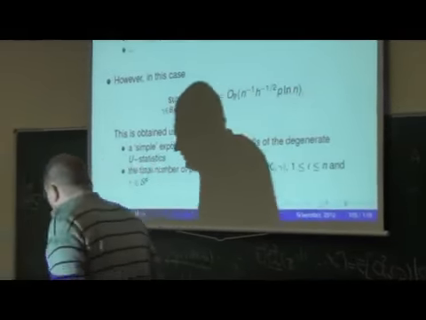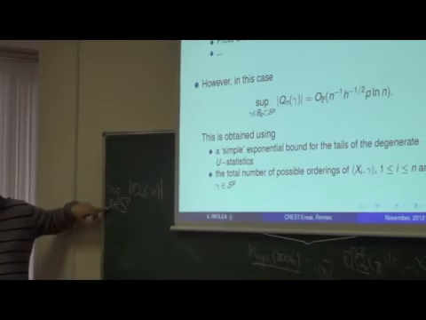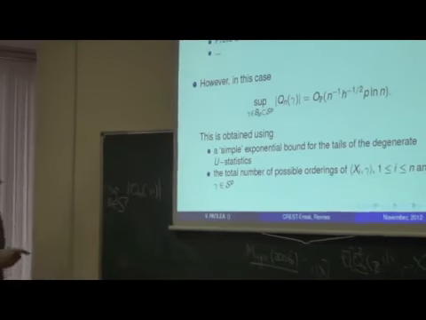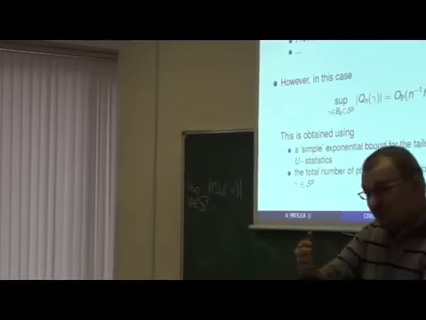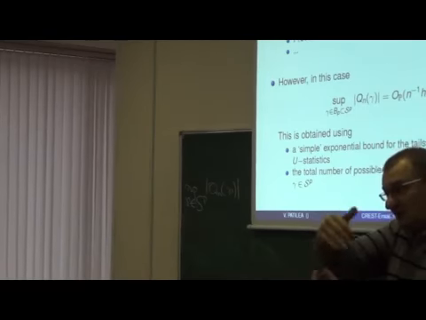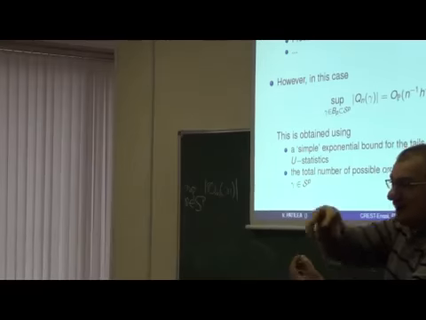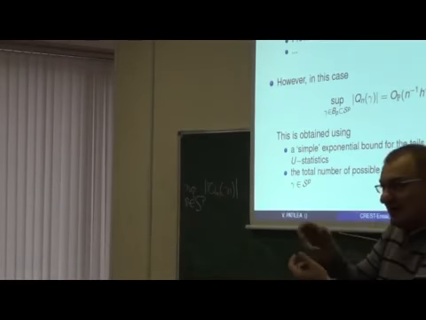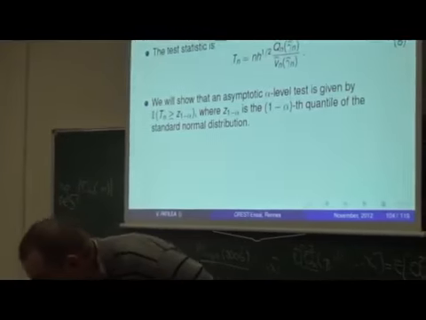This is a continuous set. So what people usually do is cut these sets into small sets, and locally they use an approximation, and then they count the number of small sets, and they get the order of the supremum.